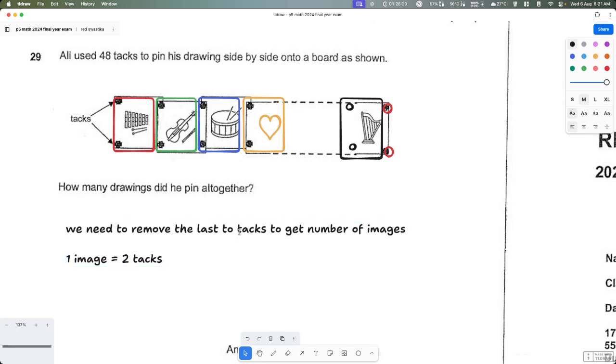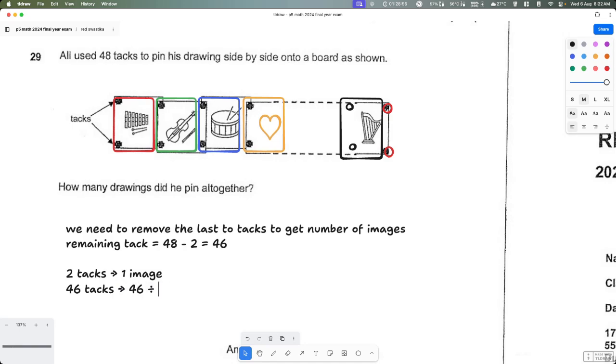So I will say remaining tacks is equal to 48 minus 2. This gives us 46. So two tacks give us one image. Then 46 tacks will just give us 46 divided by 2, and this will give us 23 images.